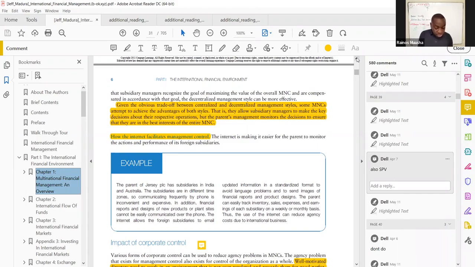So they are going to be able to get more updated information on the operations of the different subsidiaries as well.